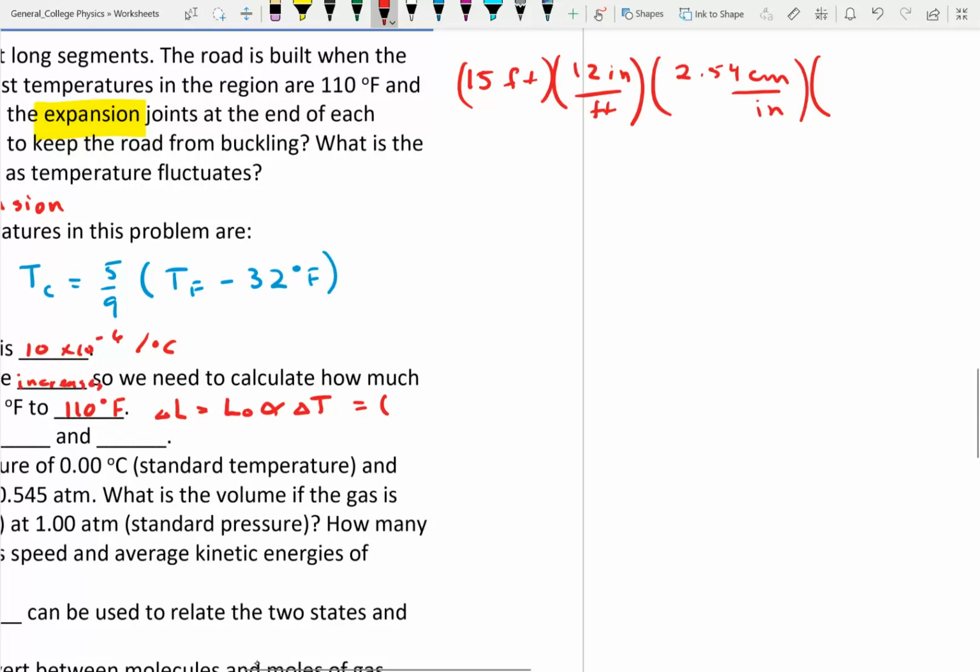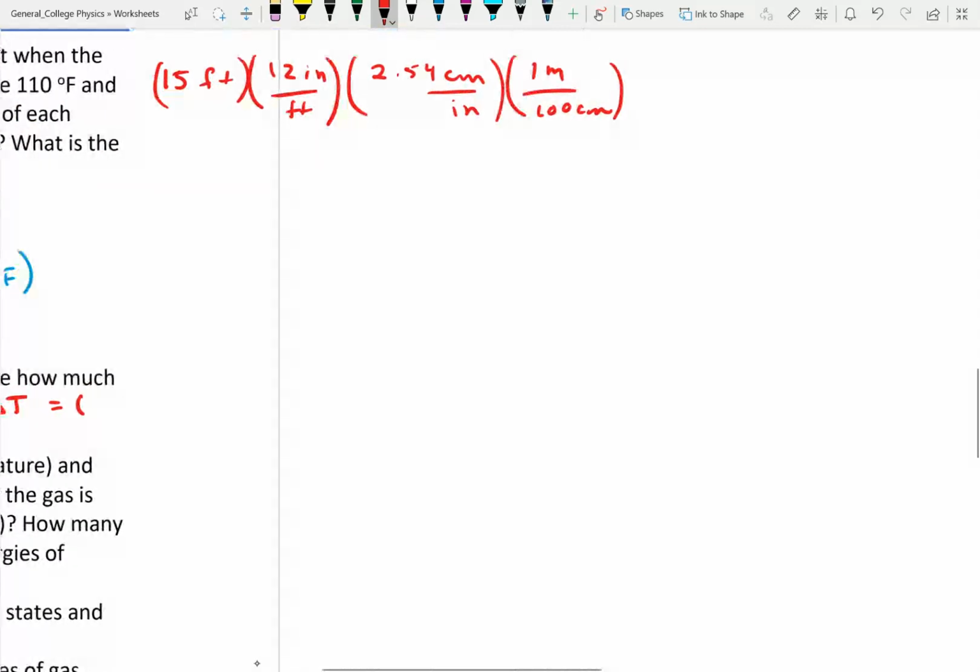And then, of course, I'll have to multiply by 1 meter per 100 centimeters.